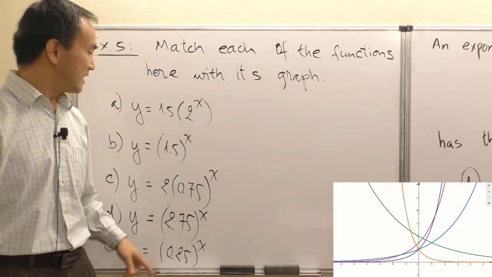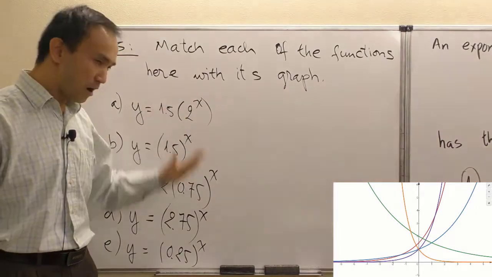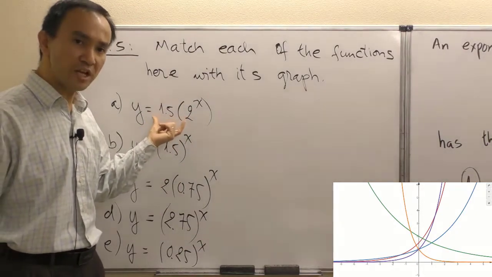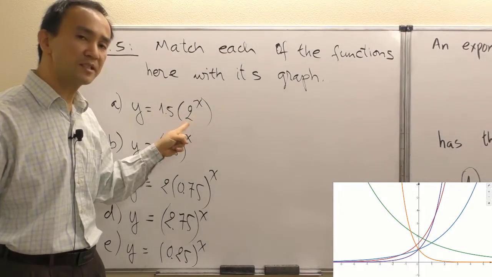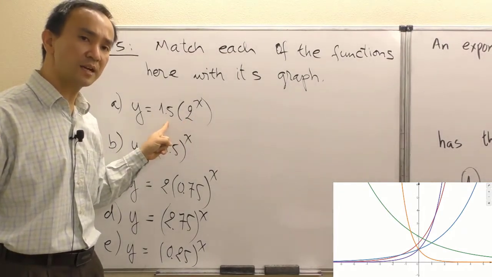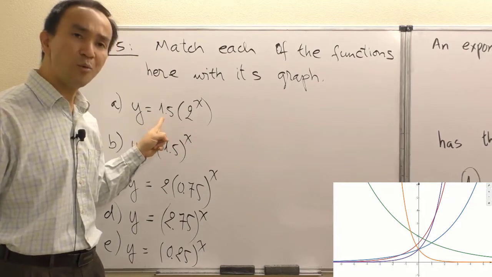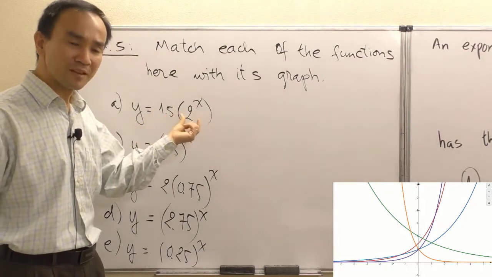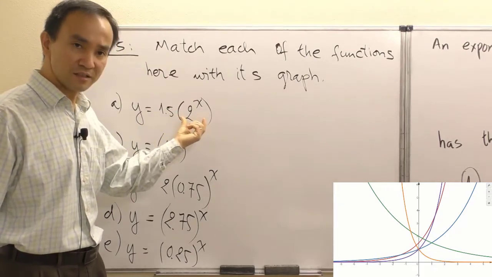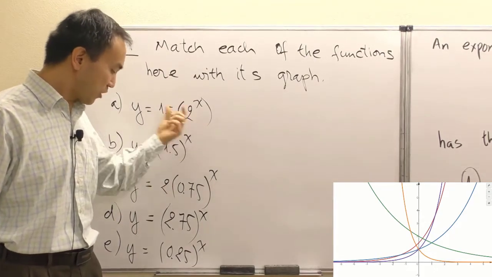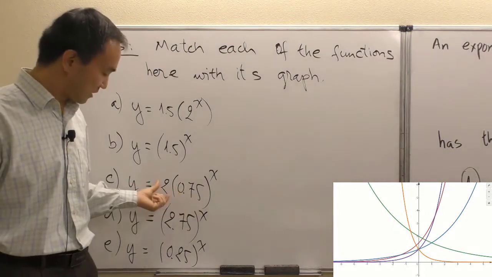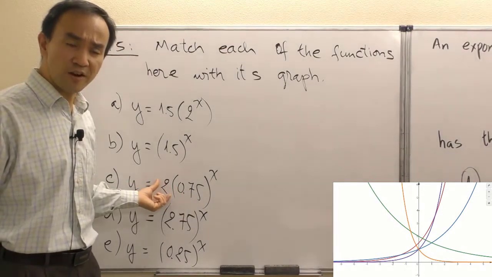Okay, and then among the graphs there, we're going to look for those that, this one here is quite unique on its own. Doesn't matter what that base is, but it has to have a y-intercept at 0, 1.5 from our understanding, because this is in the form of c times an ordinary exponential function, and then here it's c times an ordinary exponential function, but it's a different constant coefficient already.